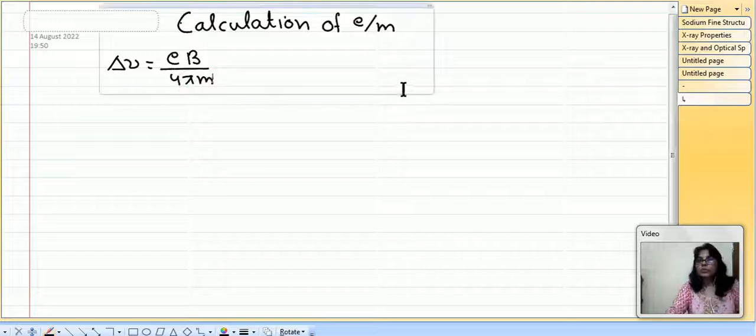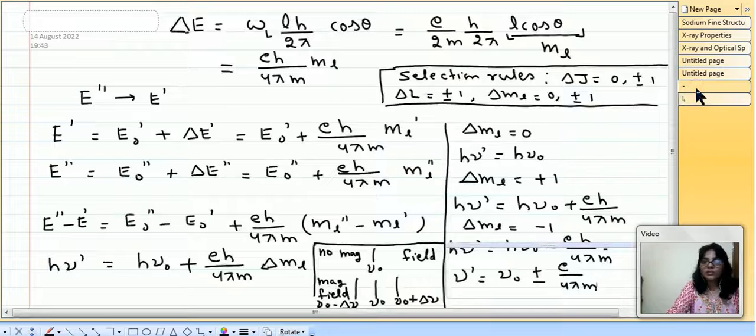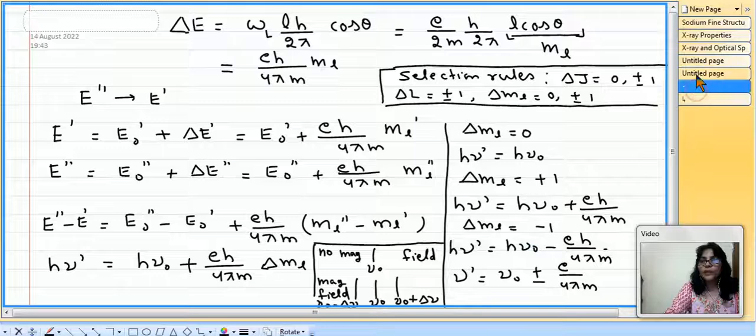Let me go to the previous page and check whether B is there in the previous expression. No, B has been skipped, so let me add the B value. Go to another previous page.